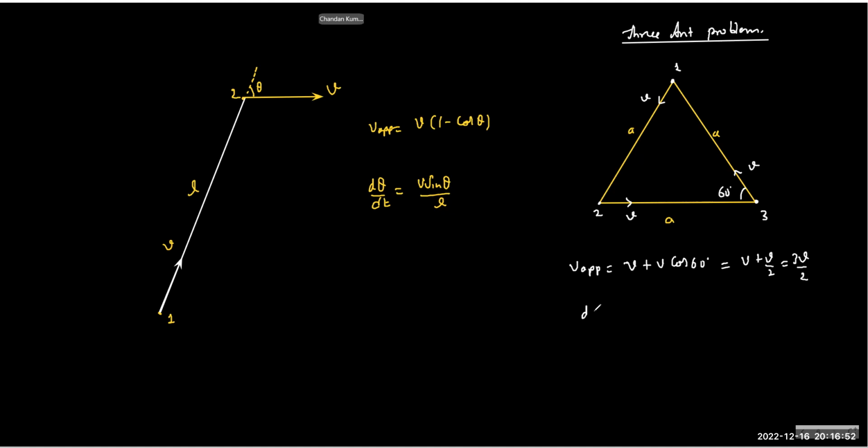What is the d theta by dt for any two particles? So how the line will turn? Because after some time I will show you the line will turn.